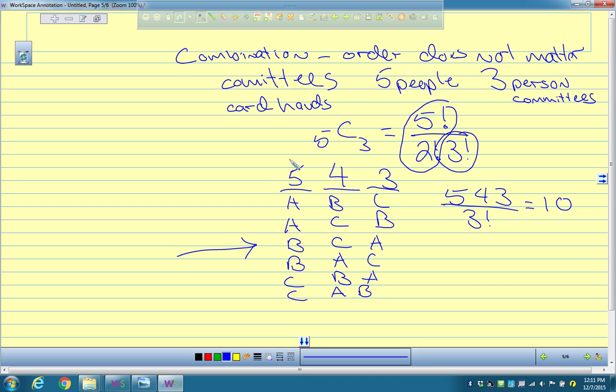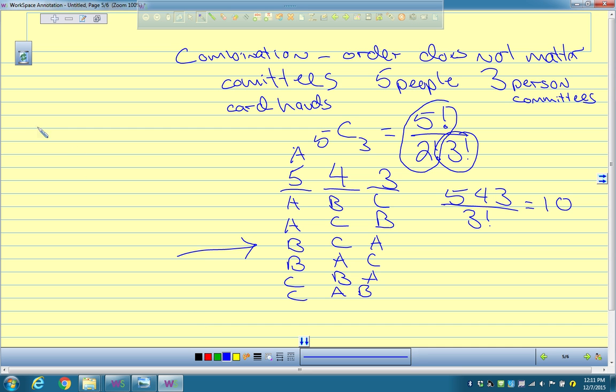If this is person A, this accounts for all the different possibilities I could have, right? I could have A, B, C, D, or E here. Then I could have 4 other things here, and then I could have 3 other people. But if I just chose A, B, and C, if that was one of my arrangements, I'd have to divide by the 6 different arrangements I could have of those 3 things.